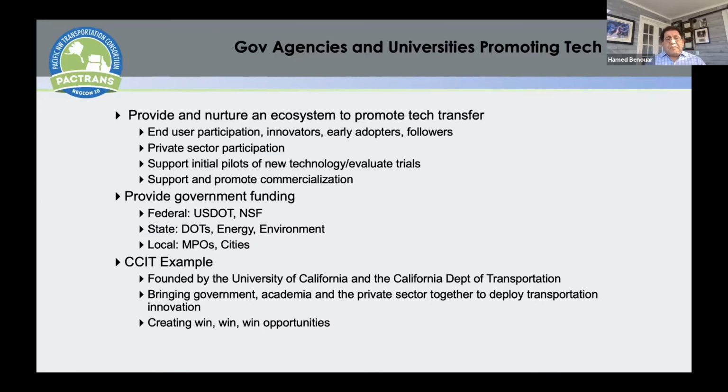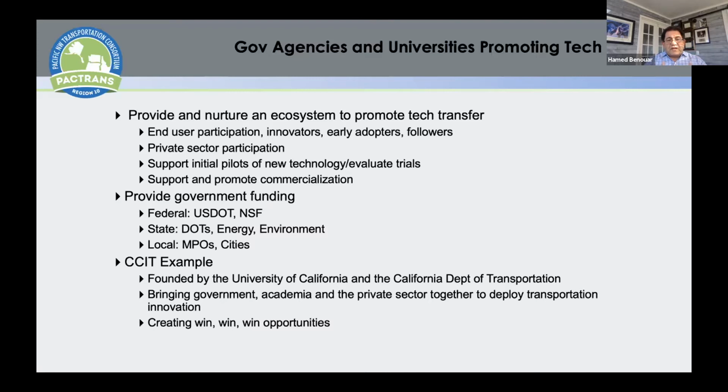Providing government funding is, of course, very important because this ecosystem would not exist if you didn't have somebody to provide seed funding for these technologies to be taken care of and to be transferred to the end user. So we have the federal government, the United States Department of Transportation and the National Science Foundation. Those are federal organizations that provide funding, and when I was at UC Berkeley, we got quite a bit of funding from them.